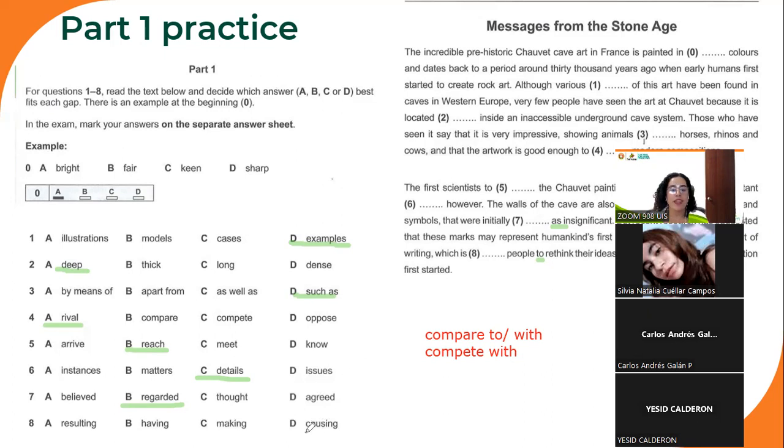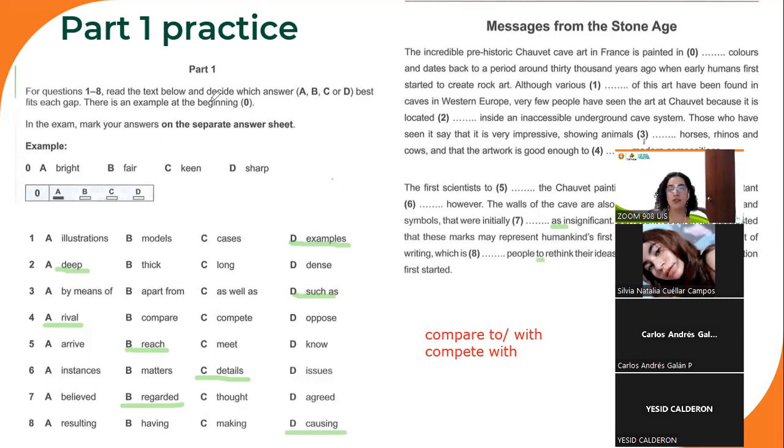Causing, teacher, I think. Yes, the verb is causing, okay? Si dijéramos making, is making people rethink, ahí no necesitamos el to, okay? Entonces, de las otras, resulting, having, o making, no podemos usar el to, okay? Entonces, en este caso, las preposiciones fueron claves para el ejercicio.